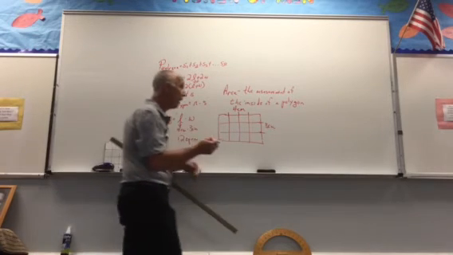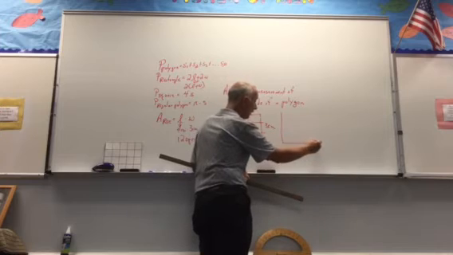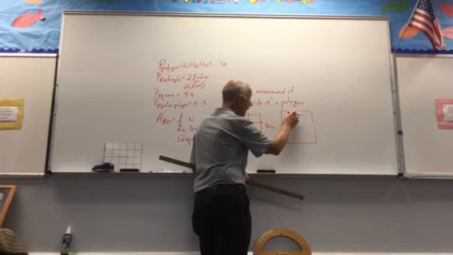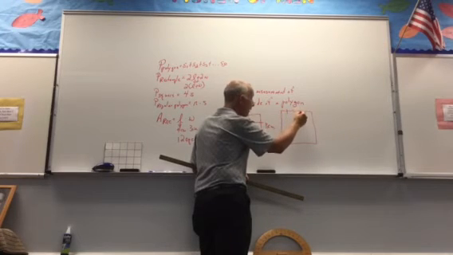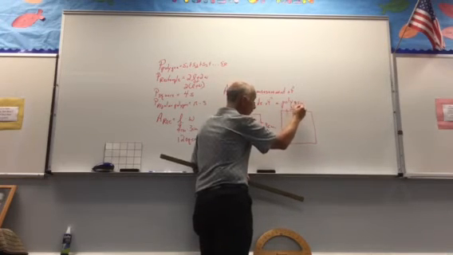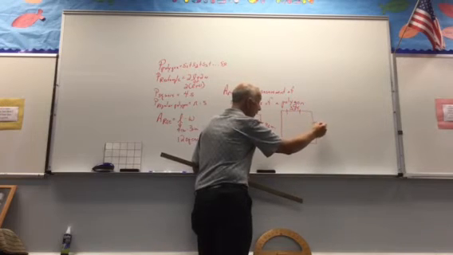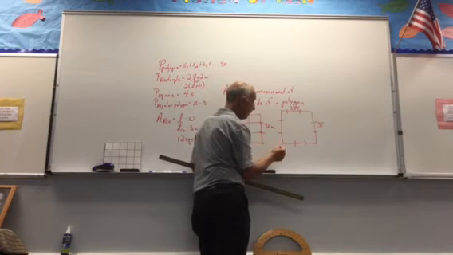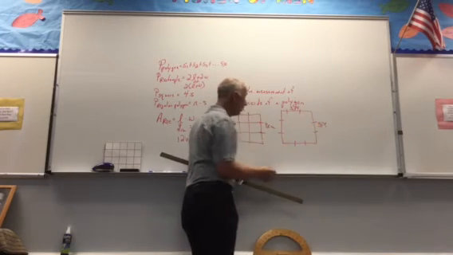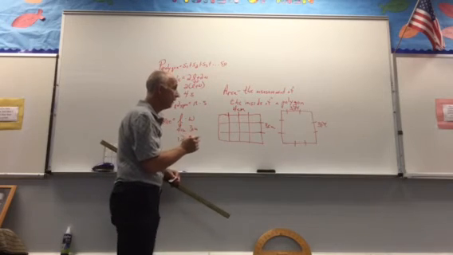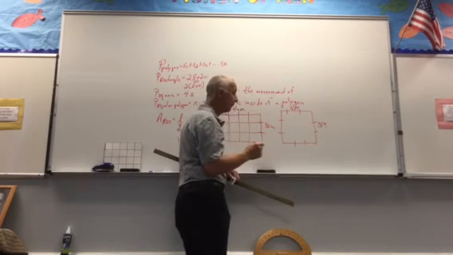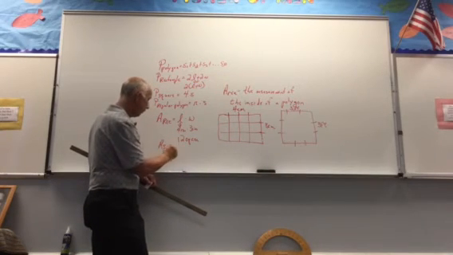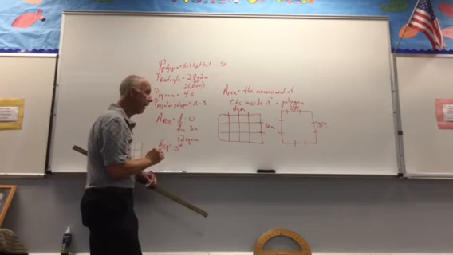By the way, speaking of squares, you know a square is a special type of rectangle that has all sides congruent. And if I was to say that each side of this, say, was 3 feet, again, instead of sitting here and multiplying it out, and instead of using length times width, the length and the width are the same. So for area of a square, the formula becomes s to the second power.